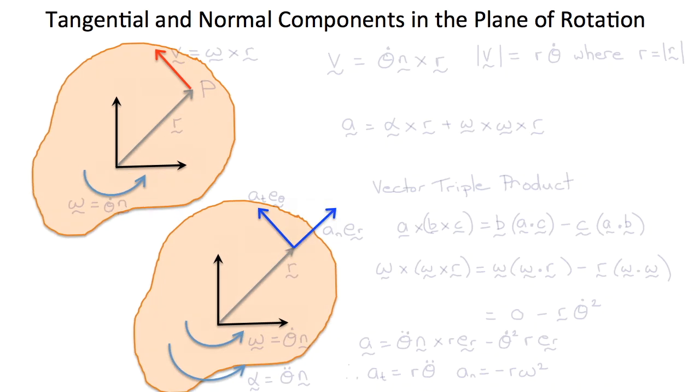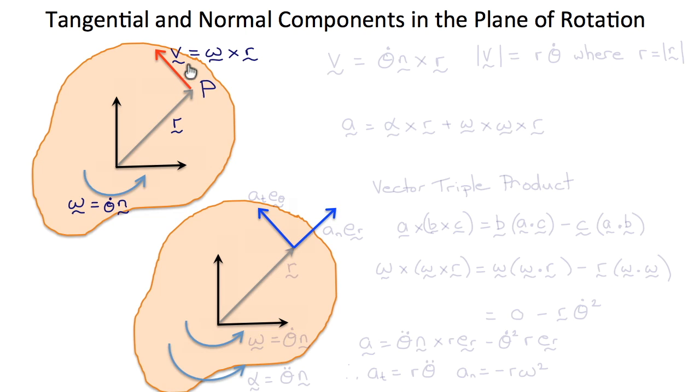So let's consider the tangent and normal components of the acceleration of a point in the plane normal to the axis of rotation that is rotating in a circular motion about the origin. So our point is P with position vector r, and it has angular velocity omega, which is theta dot times n, where n is a unit normal vector perpendicular to the plane.